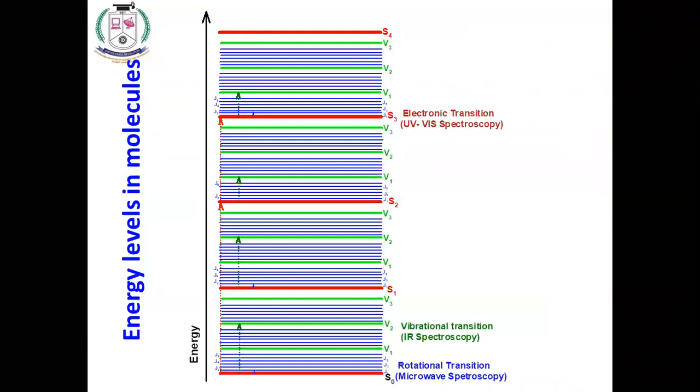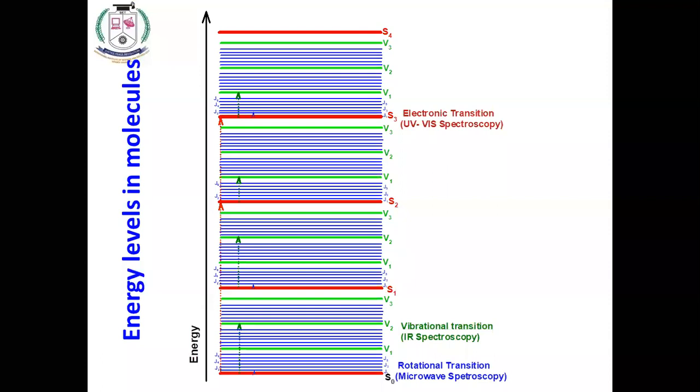And the energy levels in molecules. We have electronic energy levels, vibrational energy levels, and rotational energy levels. Let us see how these energy levels will be. S0, S1, S2, S3, S4, all these are electronic energy levels, singlets.